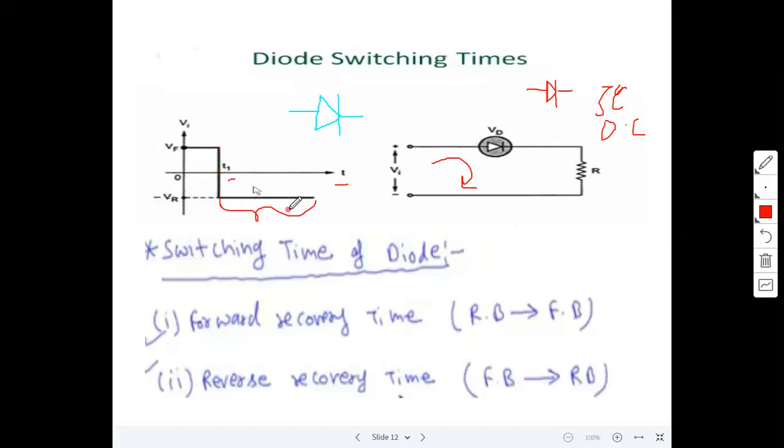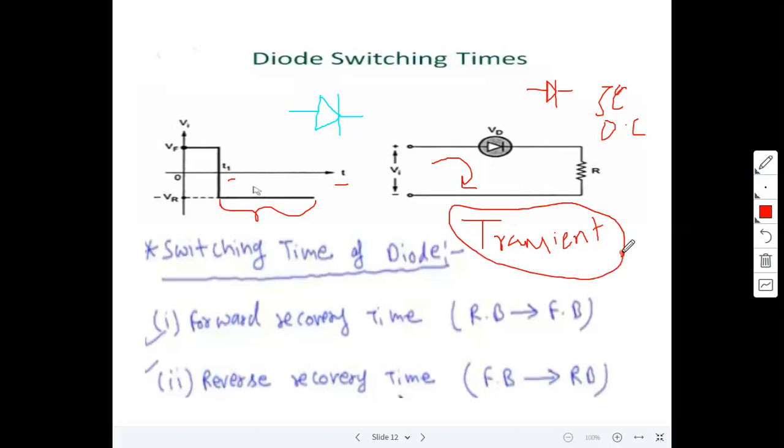We think that the diode also changes from forward to reverse bias immediately. But in the practical case, the behavior is transient. It is not immediate. Some time is taken to change from forward to reverse, and similarly reverse to forward. That type of behavior is called transient behavior.